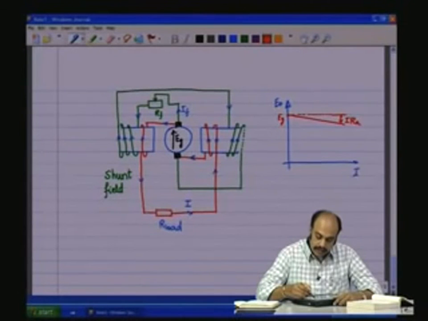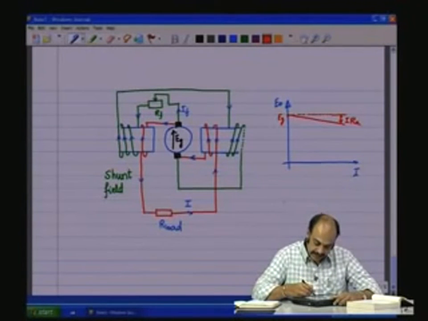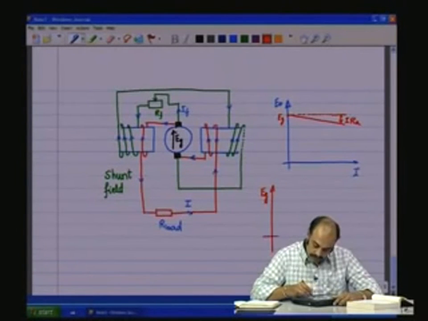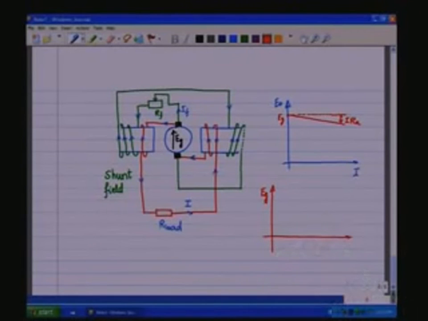Now, if we give a field that is just that much in excess, let us say for example, we take Eg versus IF, or we take Eg versus flux in the machine.